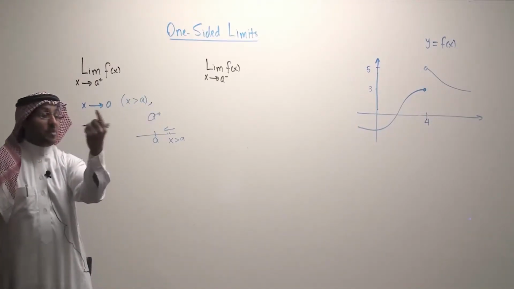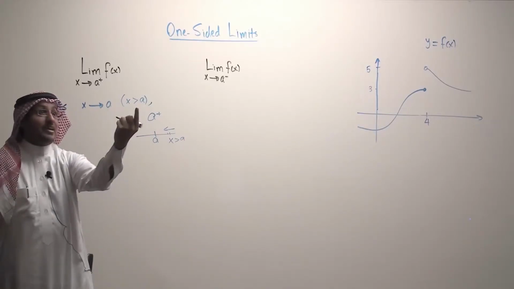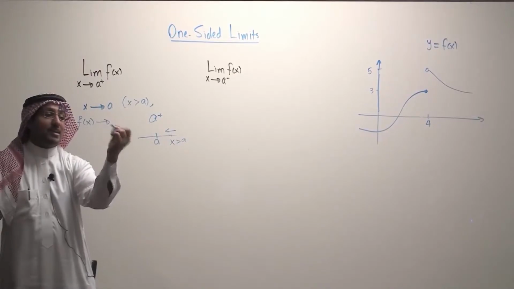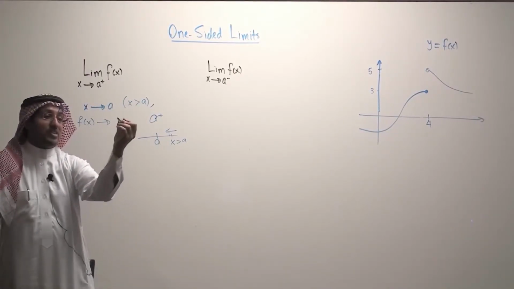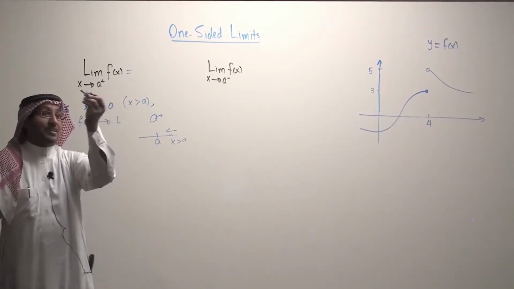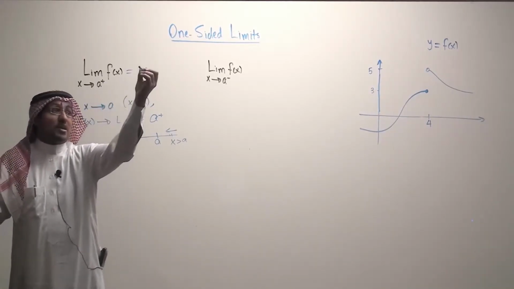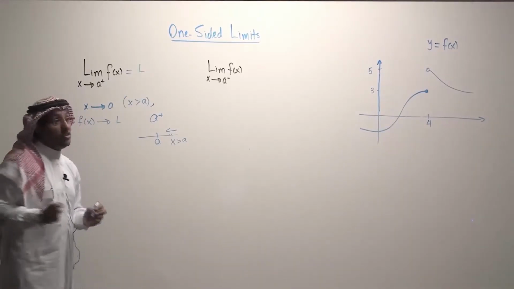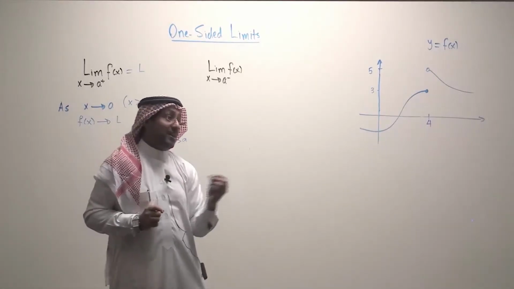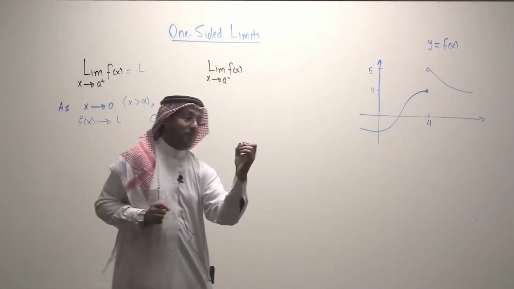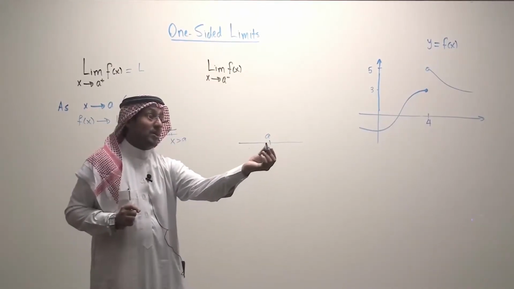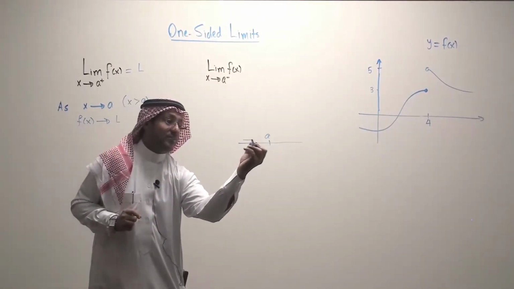So as x approaches a from the right, then f of x approaches what? Say, for example, it approaches L. Then the value of this limit of f of x as x goes to a from the right is going to be L. Similarly, when we take x goes to a from the left side, take, for example, this is your a, and you wish to approach a from the left side. So it is this way.